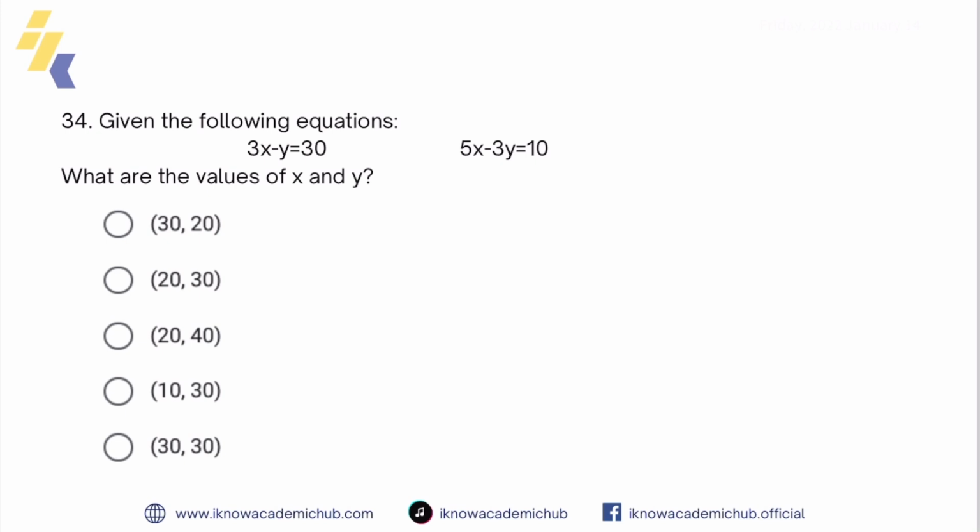Ayan, so we have to write 3x minus y is equal to 30 and 5x minus 3y equals 10. Now, I will do elimination here by multiplying the first equation by 3, giving us 9x minus 3y is equal to 90, and here 5x minus 3y is equal to 10.